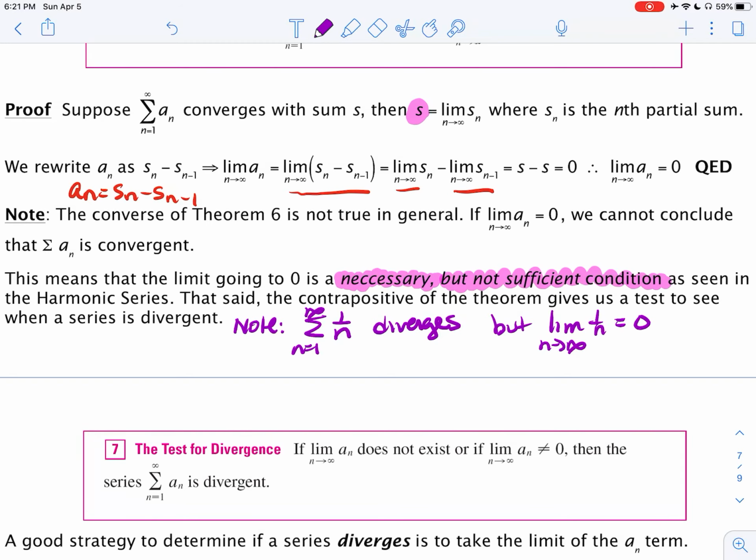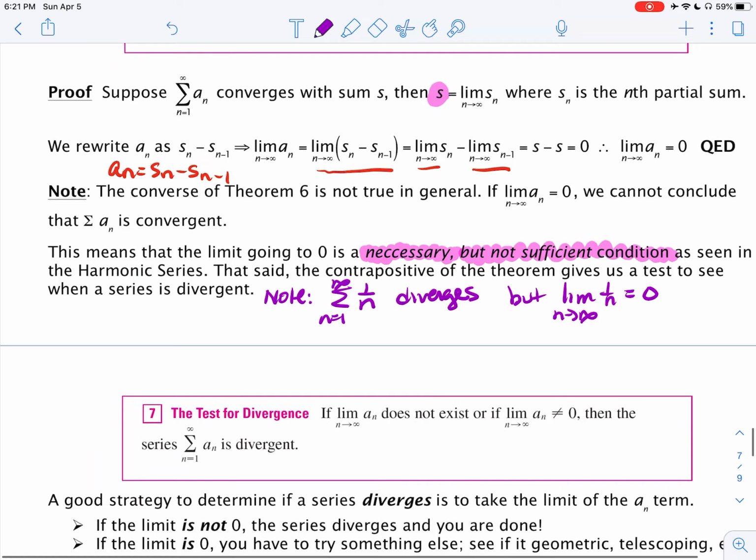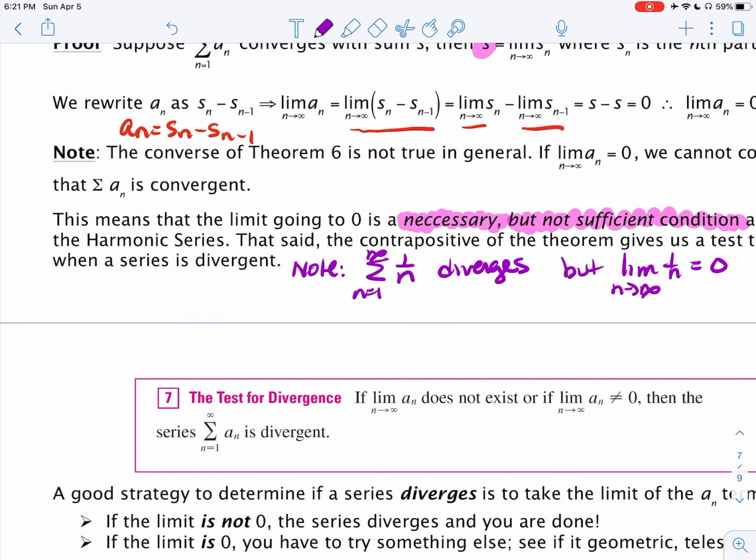So those of you who've taken a logic course, this brings rise to our test for divergence. And remember what the title of that test is. It's just a test to determine if the series diverges. It cannot be used as a test for convergence, but you can use it to say that a series does diverge.